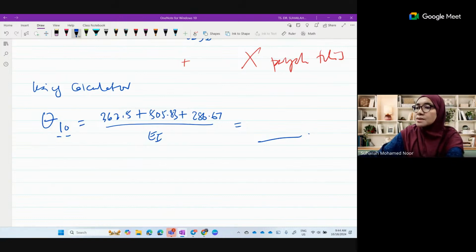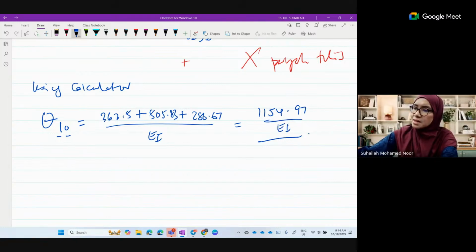Okay, tambah semualah. So dapat apa? In terms of EI. Satu-satu. 197 yang ni per EI.